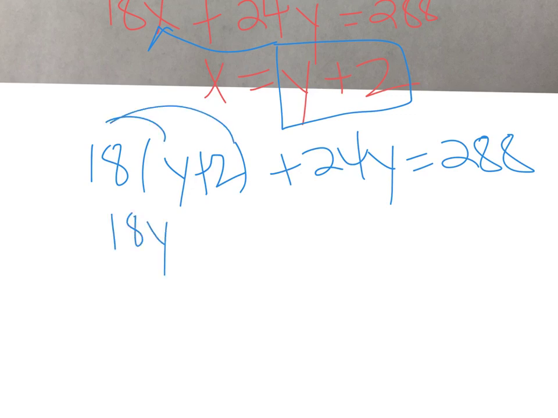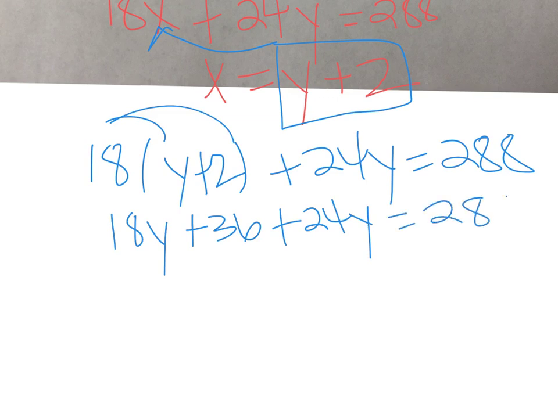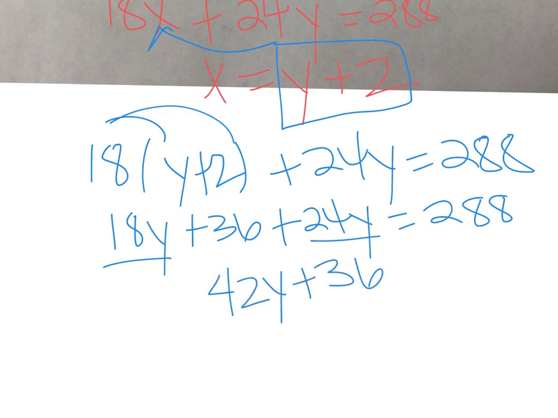Okay, so let's distribute and combine like terms. 18Y plus 36 plus 24Y equals 288. All right, seeing some Y's here that can be combined. So when I add those, I'll get 42Y plus 36 equals 288.